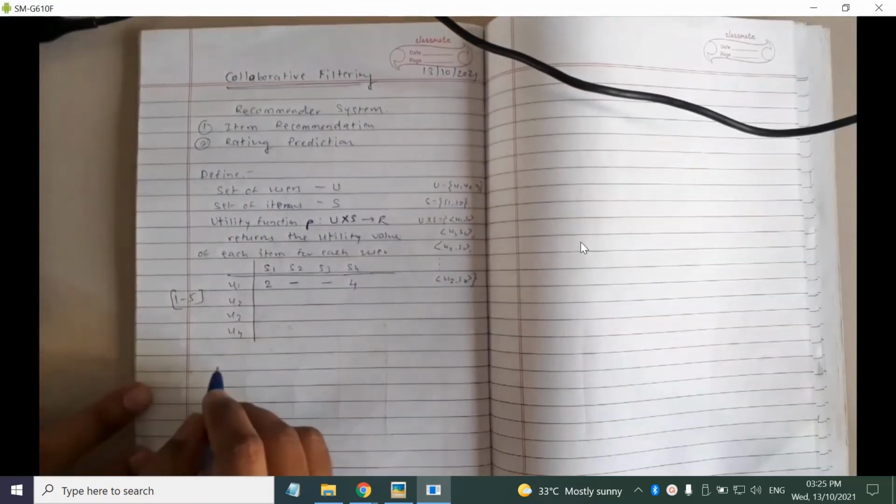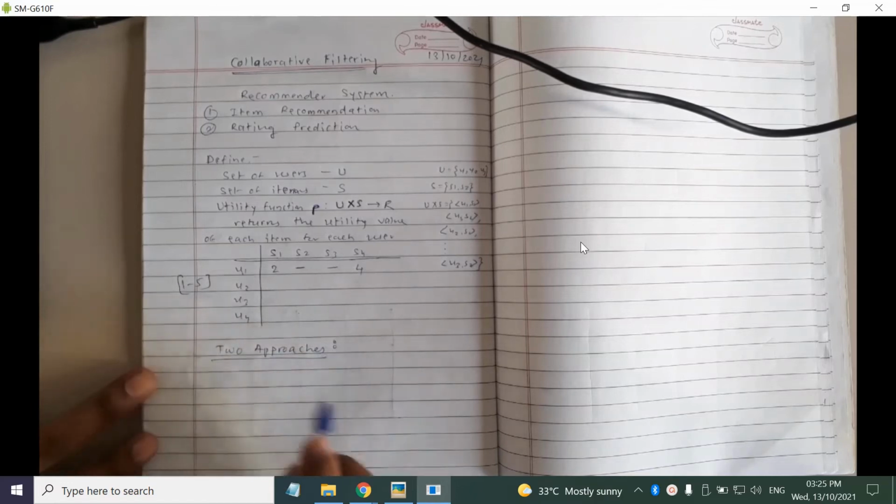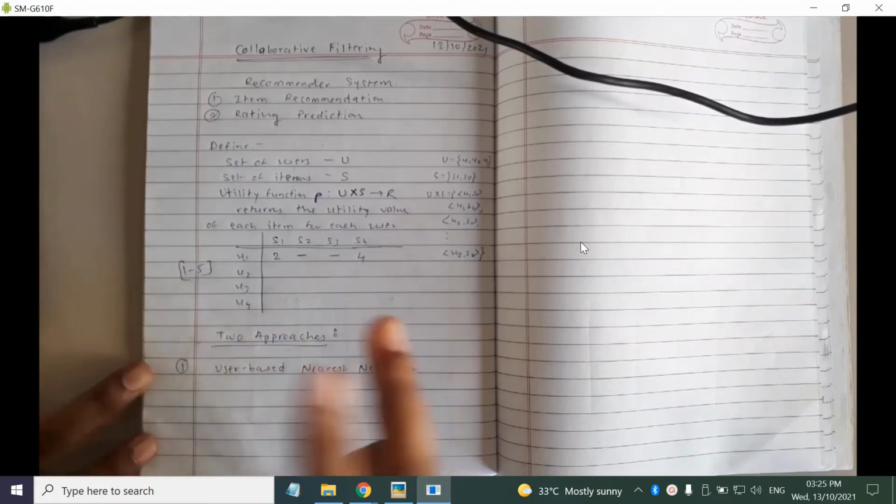Here you can have two approaches. The first one is user based nearest neighbor. Either you can find the two users with the same likings.